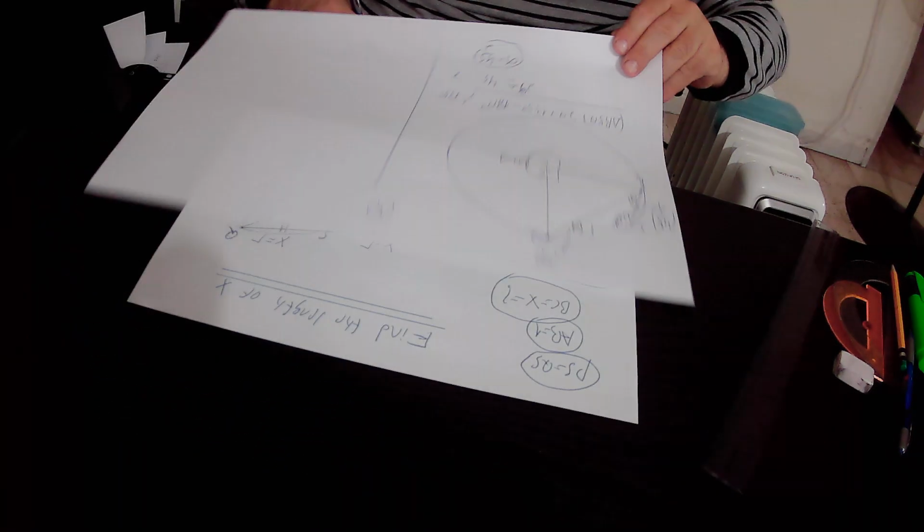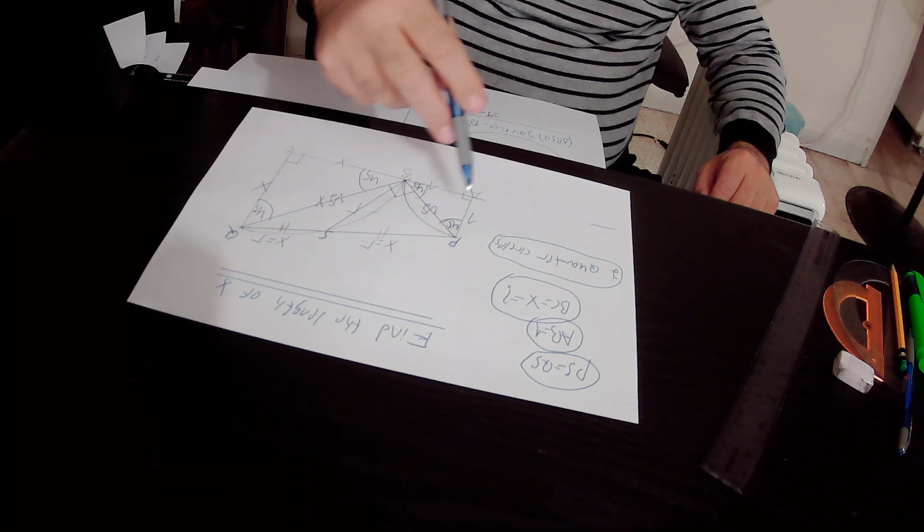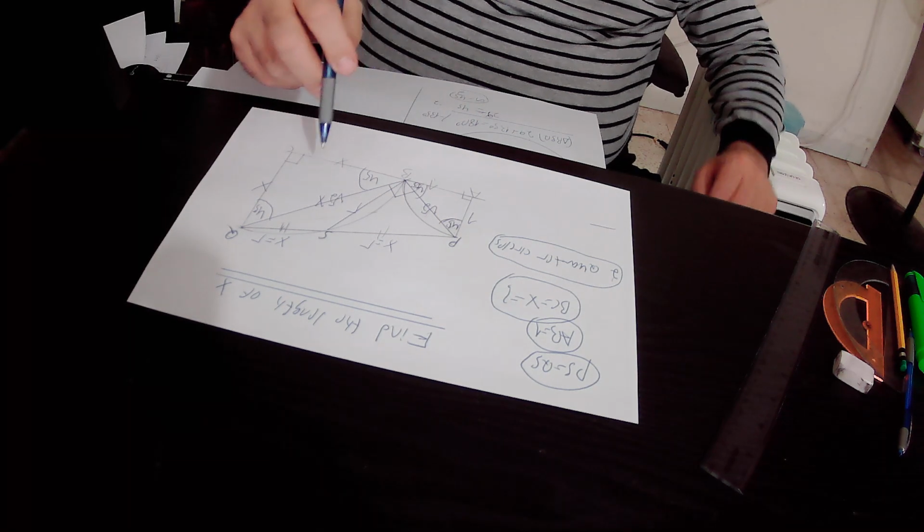Okay, so in the next step, I will copy the right triangle, triangle PBQ, in a new page here, and we will analyze this right triangle.